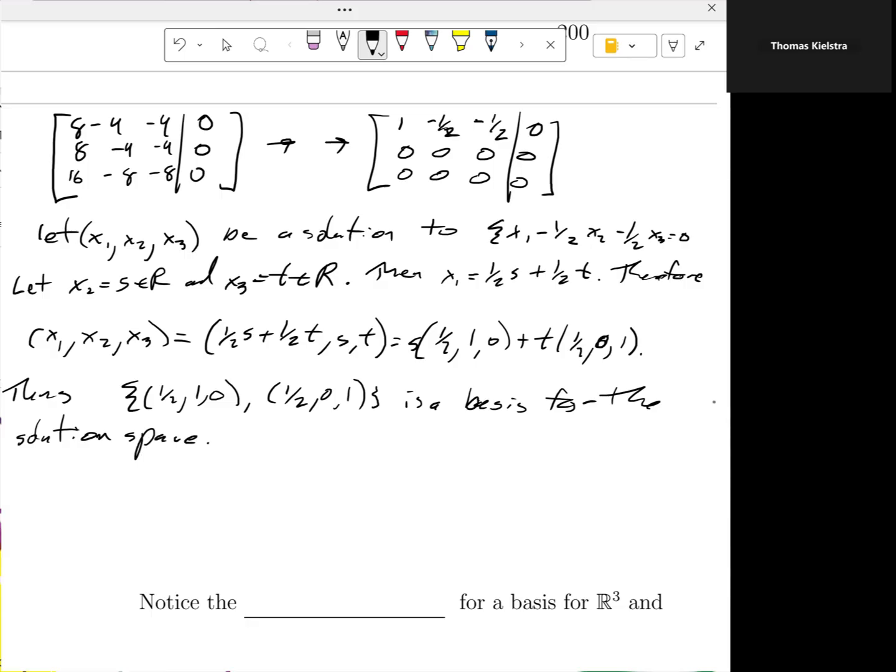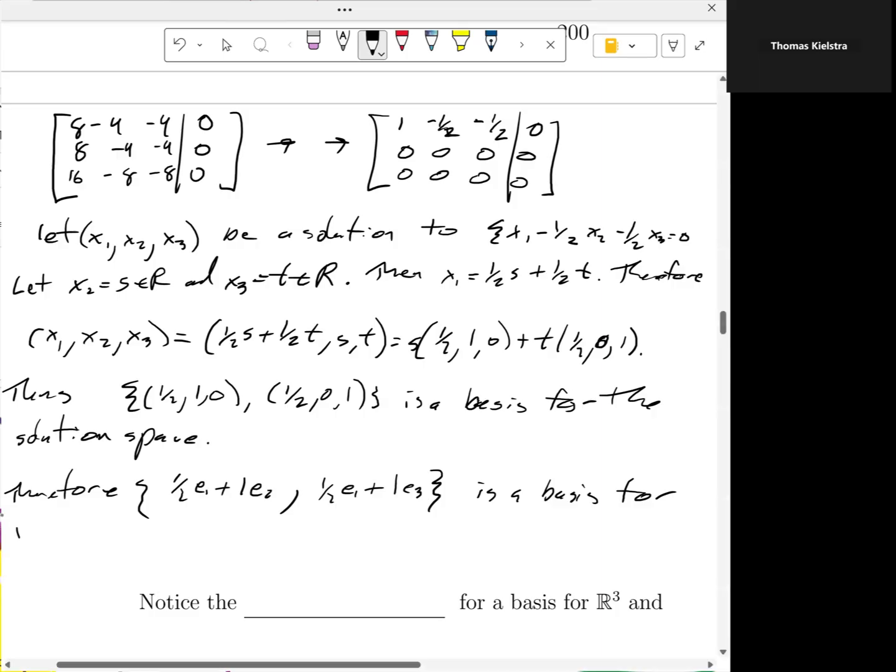Again, we're going to use the same technique to convert our basis for our solution space to a basis for our characteristic space. Therefore, {1/2 E1 + 1 E2, 1/2 E1 + 1 E3} is a basis for the characteristic space.